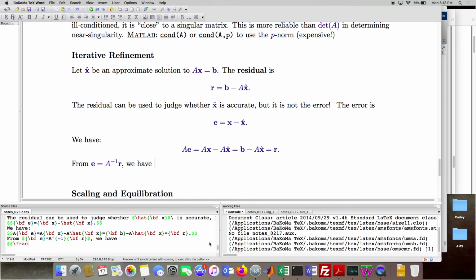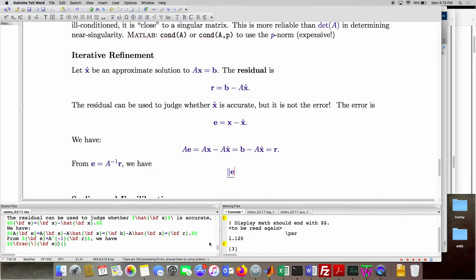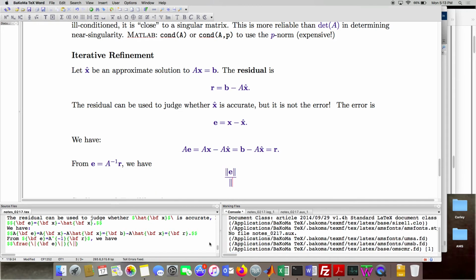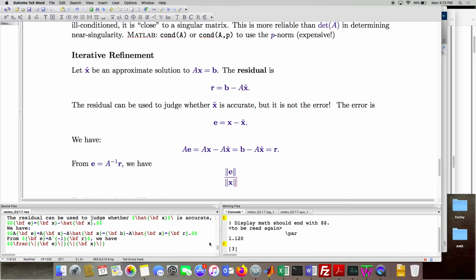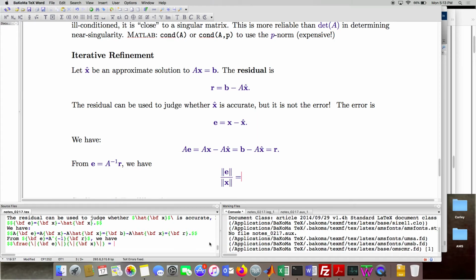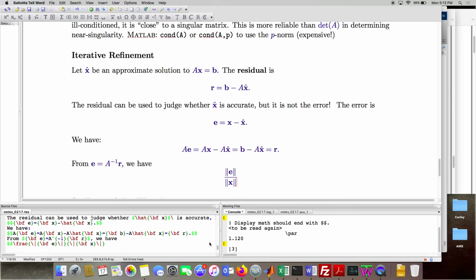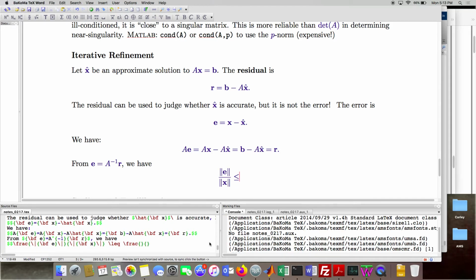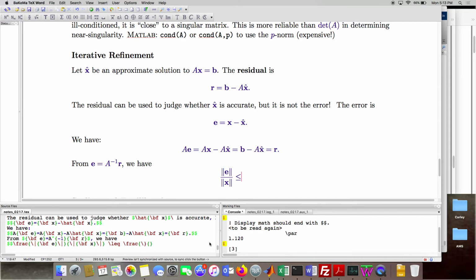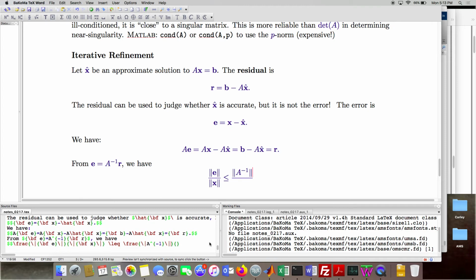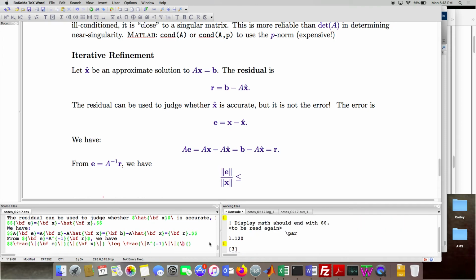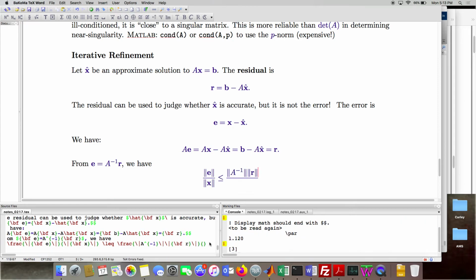If I take the norm of the error divided by the norm of x, that is less than or equal to the norm of A inverse times the norm of R divided by the norm of x.